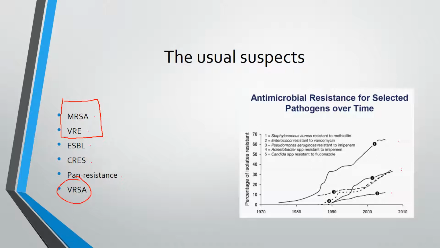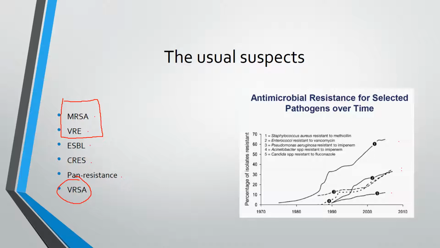And so who are the usual suspects for our resistant organisms? Well, you should know some of them, and they include guys like MRSA, methicillin-resistant Staph aureus, VRE, vancomycin-resistant Enterococcus, ESBL, or extended spectrum beta-lactamase producers, CRE, carbapenem-resistant Enterobacteriaceae species, and pan resistance, which is a term we use for those organisms which are demonstrating resistance to all of the drugs in our formulary, or nearly all of the drugs in our formulary.